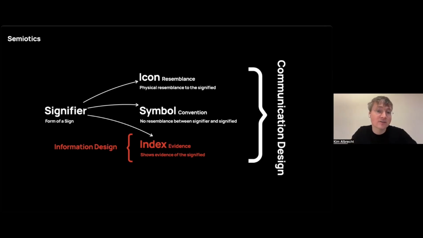So creating icons, creating symbols, that is what people do in illustration or what they do in typography. But I think information design is tightly coupled to this idea of the index. And with that, to the idea of representing evidence.